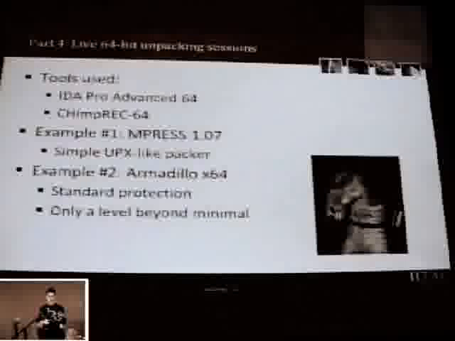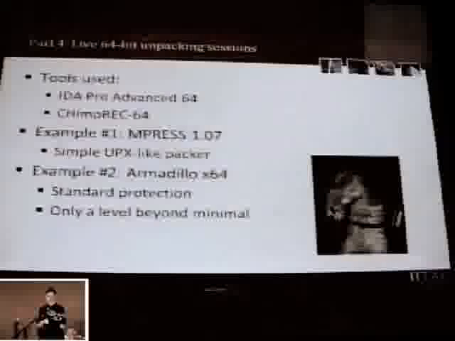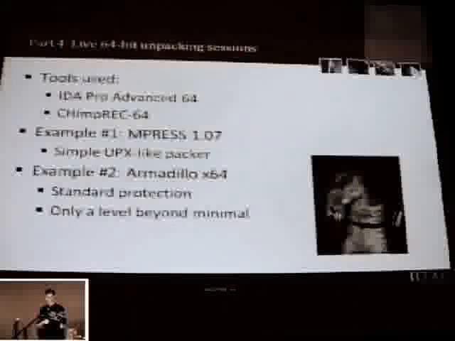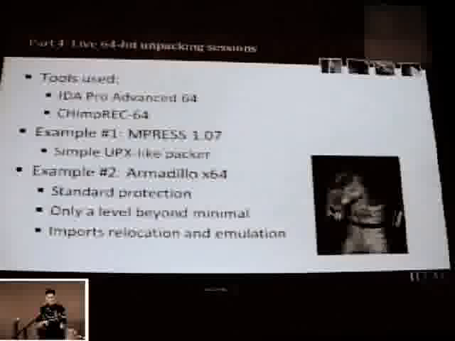So it's really basic. It only touches code a bit, and the imports, it doesn't do anything like nanomites or even weirder stuff like that. And it uses only import redirection and emulation. So let's go to the live portion of it.